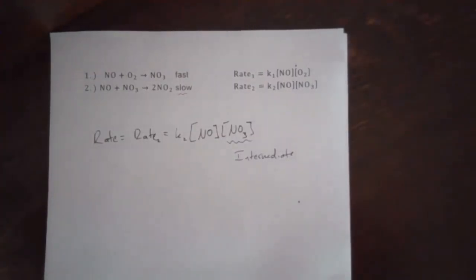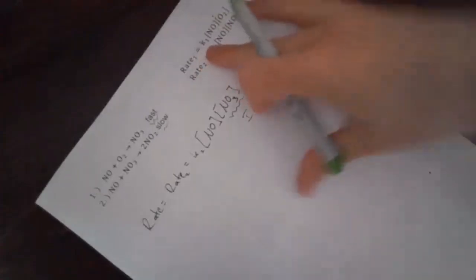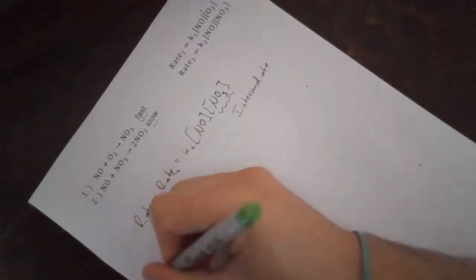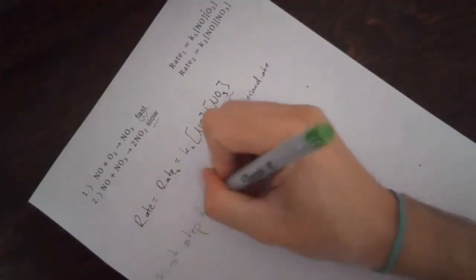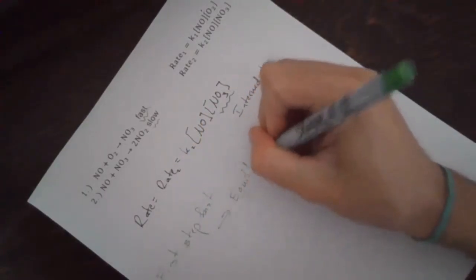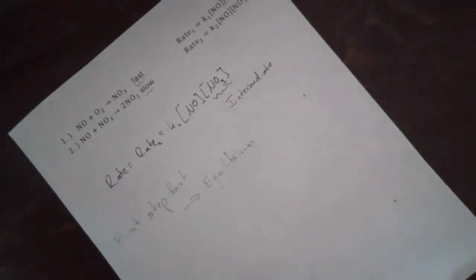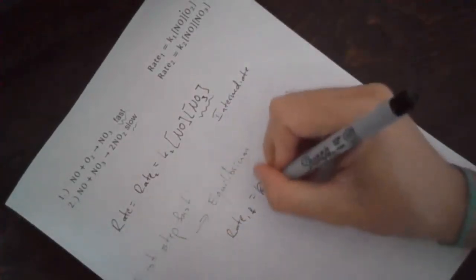So that's where we want to use the fact that this first step is fast. Because the first step is fast, this is the idea where we go to equilibrium. And what that idea of equilibrium means is that the rate 1 forward is equal to the rate 1 reverse.